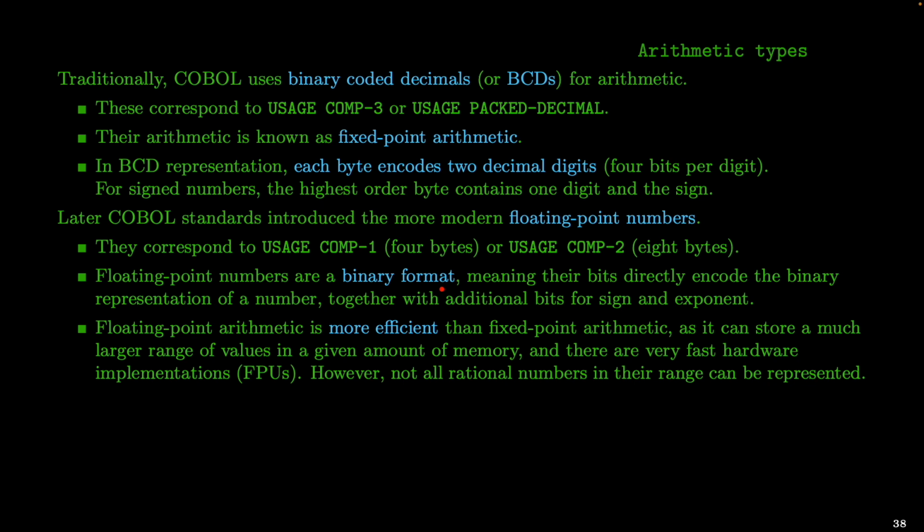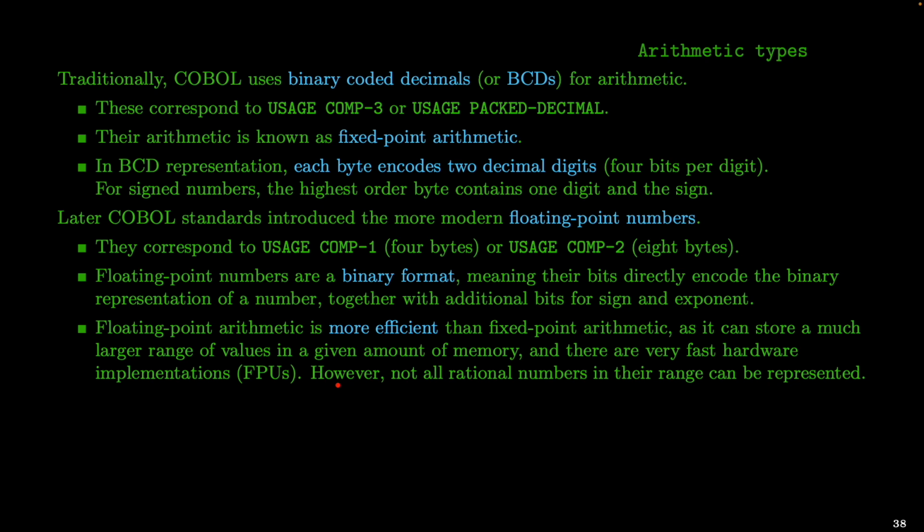Floating point arithmetic is usually considered to be more efficient than fixed point arithmetic because we can store a much larger range of values in a given amount of memory, and there are very fast hardware implementations for floating point arithmetic, the so-called floating point units, FPUs.